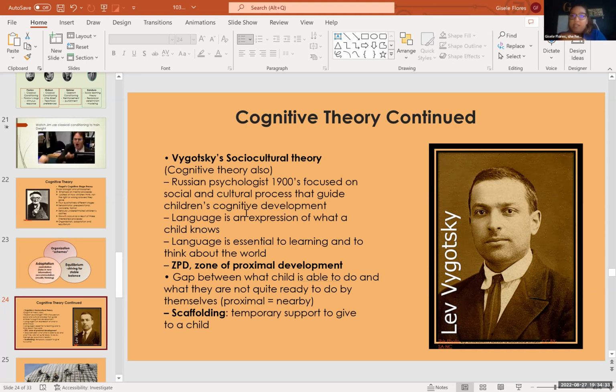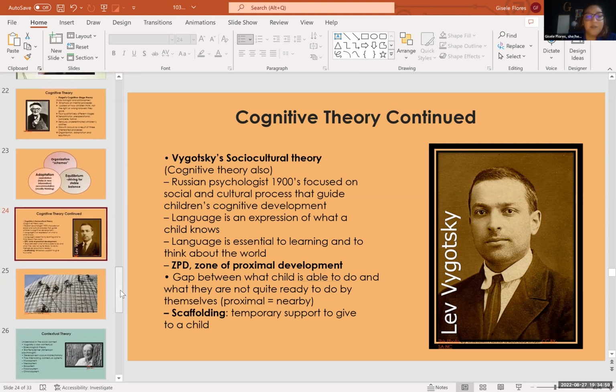So it's that stage where they can do something with moderate or minimal support from an adult. And so the goal is to scaffold them, so to provide a little bit, to provide support and slowly take away the support as the child gets better at that skill. So that's zone of proximal development and scaffolding.